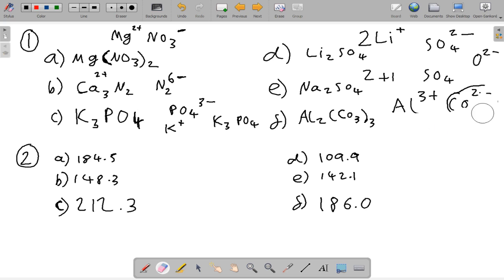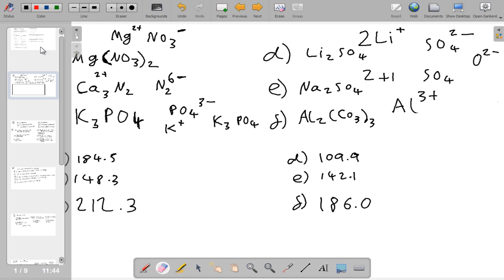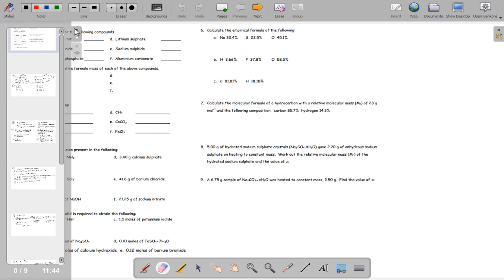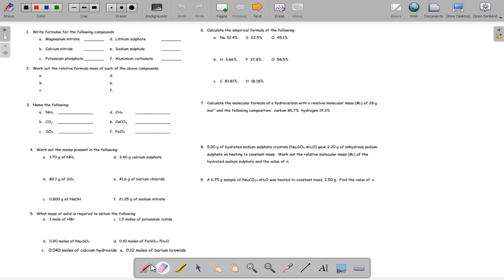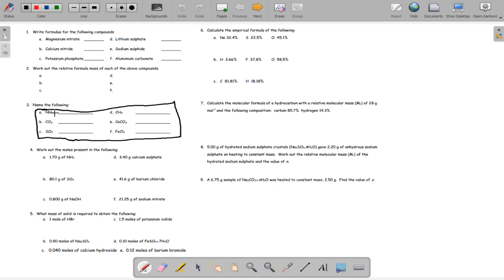And we'll move back to question 3, where you have to name the following molecules. Now for part F, you need to know about the charge of iron.